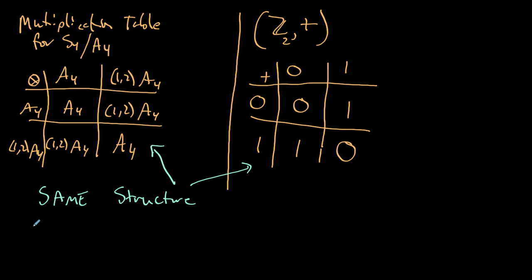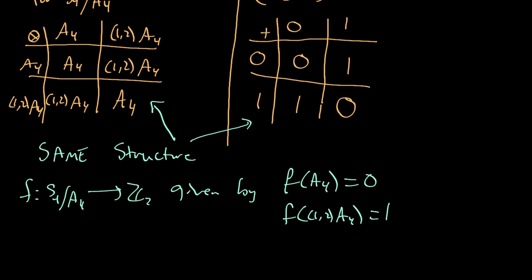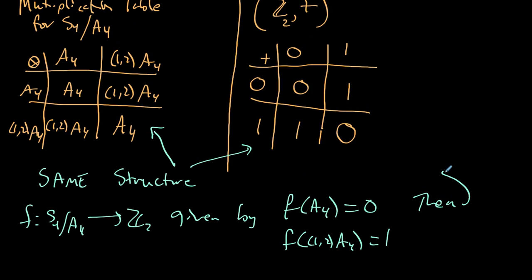In other words, if I make a function going from S4 mod A4 into Z2 given by f of A4 is equal to 0 and f of (1 2) times A4 is equal to 1, then this table up here gets rewritten as this table here.